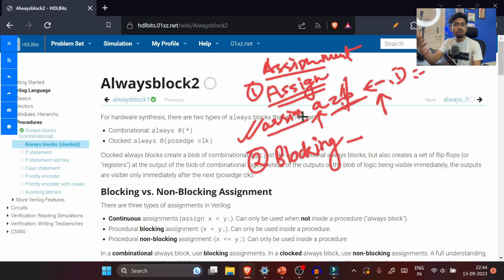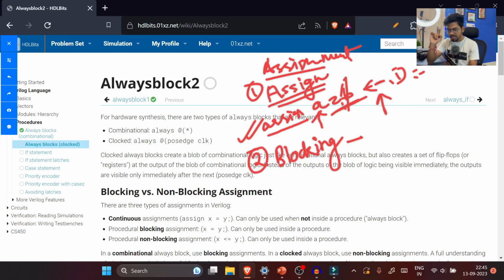What's a procedure block? We have used always, right? So always is a procedure block, and initial is also a procedure block. Procedure means I will do things one by one, but this assign statement is going to execute anytime. So that's why this type of assign you need to do outside any procedure block. That's all for type 1.